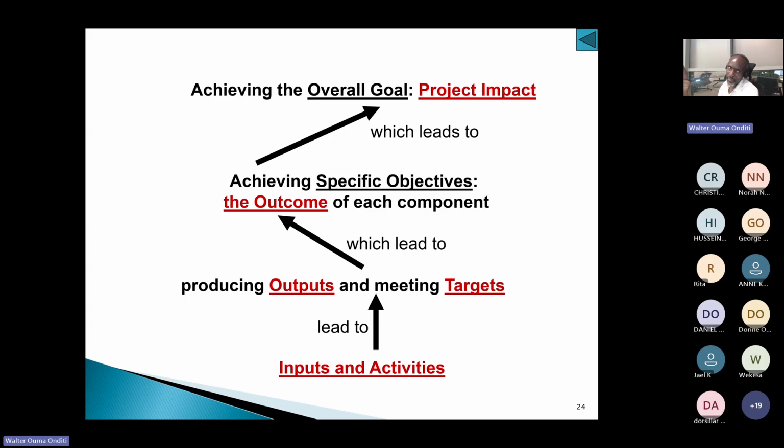So let me repeat again, going upward so then you understand it. From the objectives that we wanted, certainly there are certain changes that we want. Let me bring my case. Africa CDC, where I am, is a continental health agency.